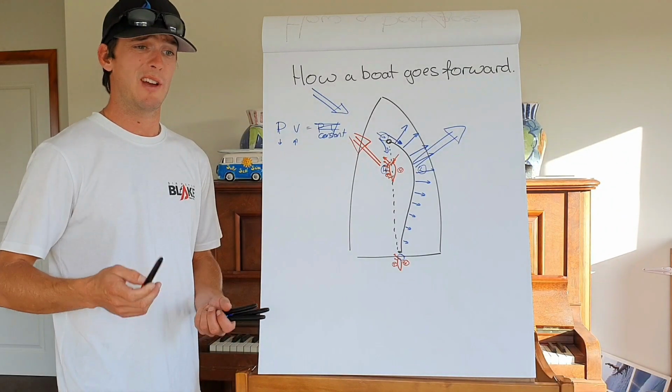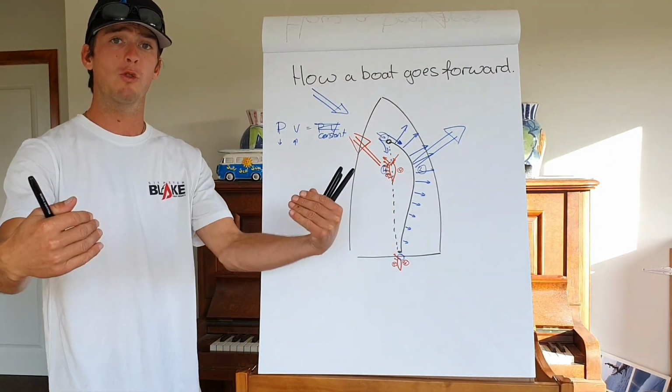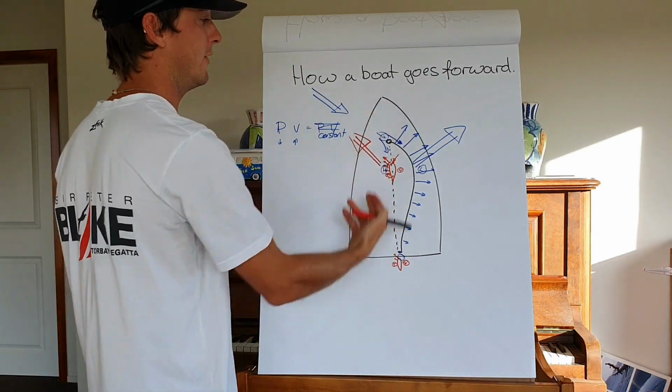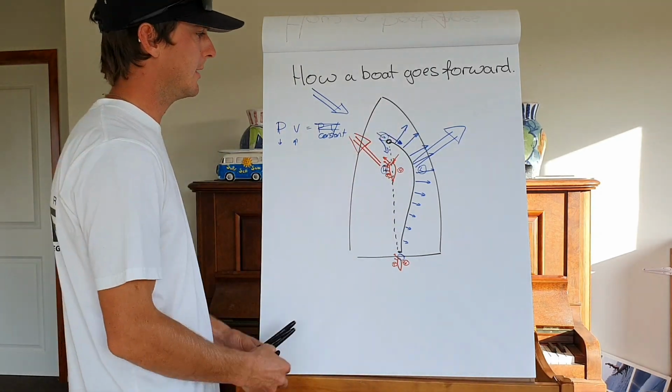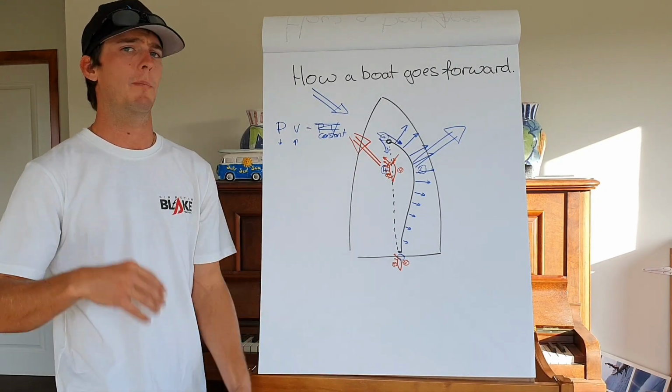So as you can see, now that we've got a force in both those directions, the boat goes forwards. Really straightforward. Now that's the simplest way of explaining how the boat goes forwards.